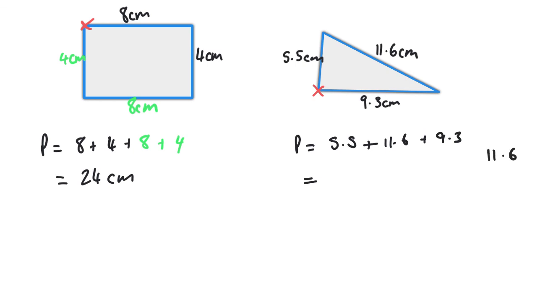So 11.6, 9.3, and 5.5. 5 and 3 is 8, and 6 is 14. So we'll do 4 and carry a 1. We'll put our decimal point in line. And then 5 plus 9 is 14, plus 1 is 15, and 1 that we carried is 16, so 6 and carry a 1, and then 1 and 1 is 2, so the answer is going to be 26.4 centimetres.